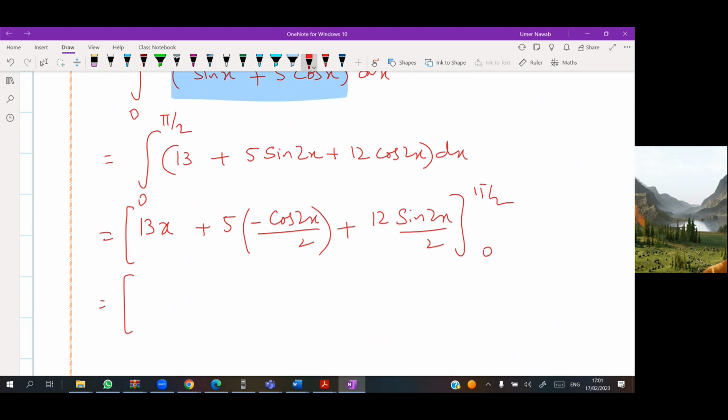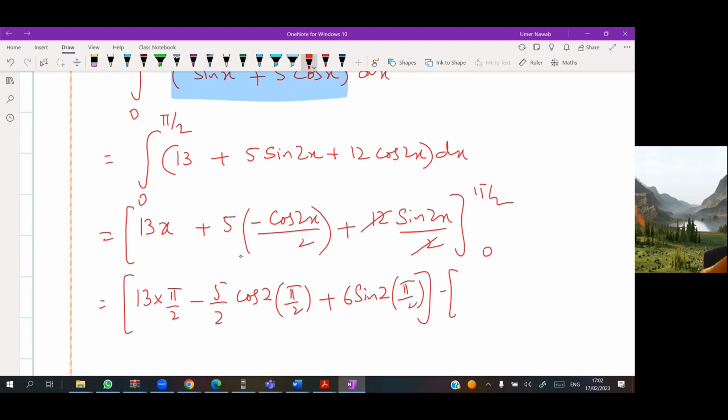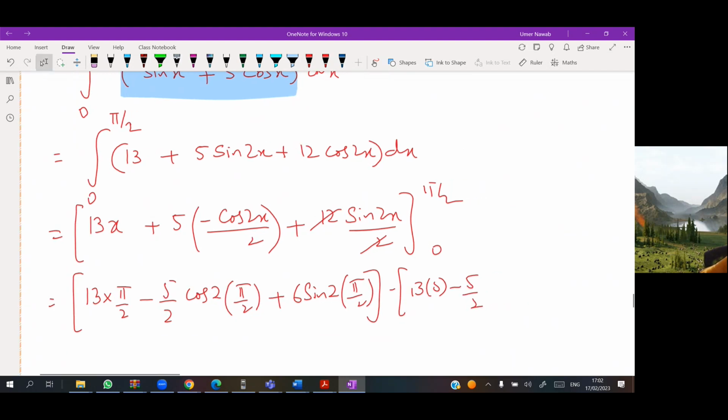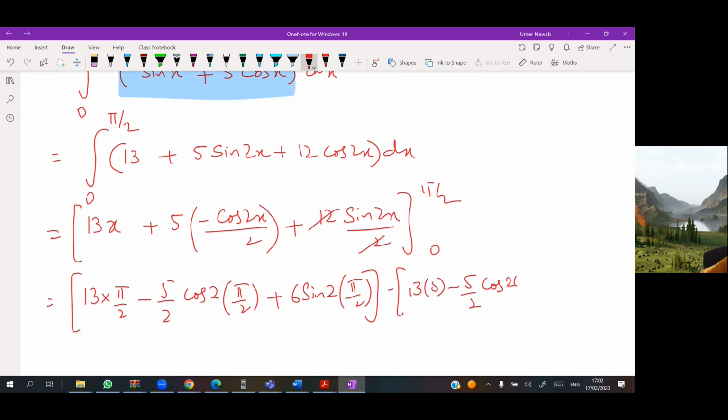Upper limit is 13 times pi over 2 minus 5 over 2 cosine of 2 times pi over 2 plus 6 sine of 2 times pi over 2, minus 13 times 0 minus 5 over 2 cosine of 2 times 0 plus 6 sine of 2 times 0.